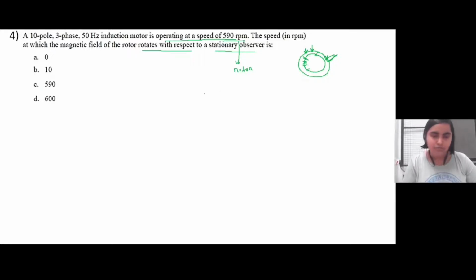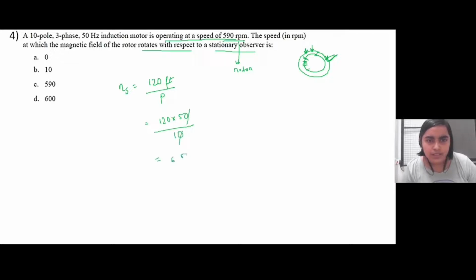That will be equal to 120 F by P. F denotes the frequency, that is given as 50 hertz. So it is pretty straightforward, 120 into 50, and P is given here as 10 poles. So it is 600. So this is the correct option D.